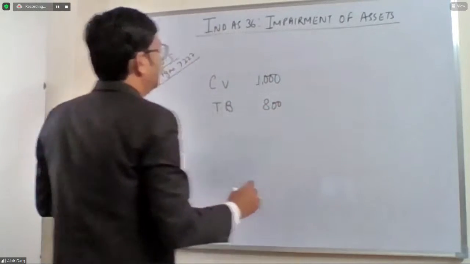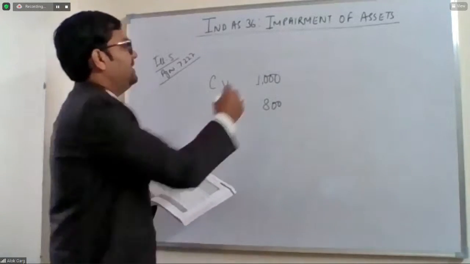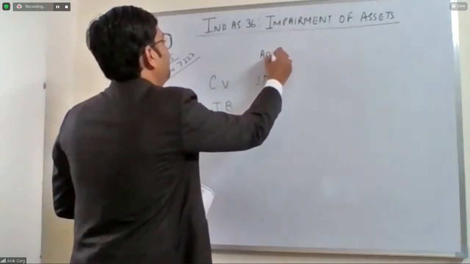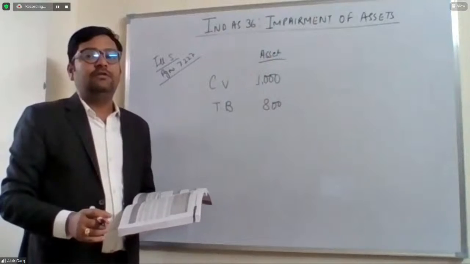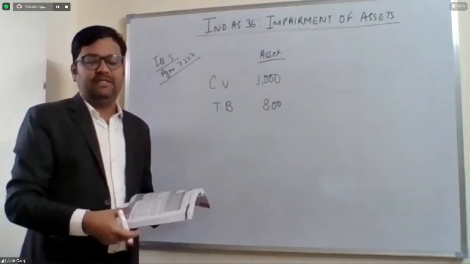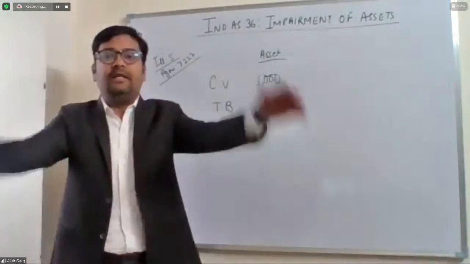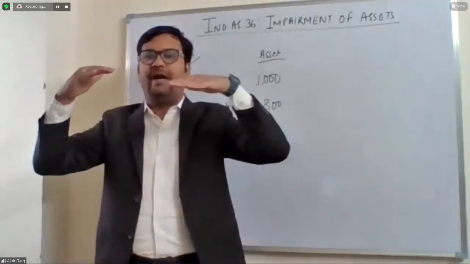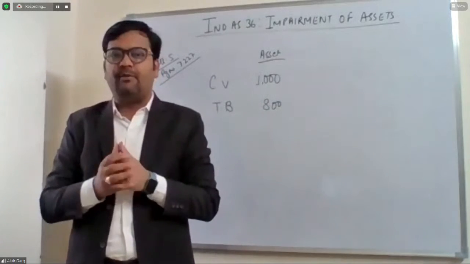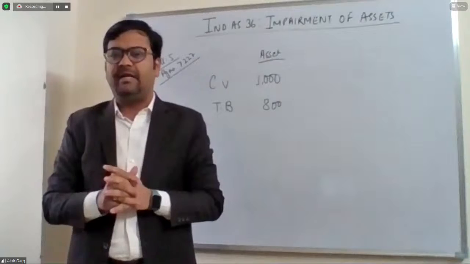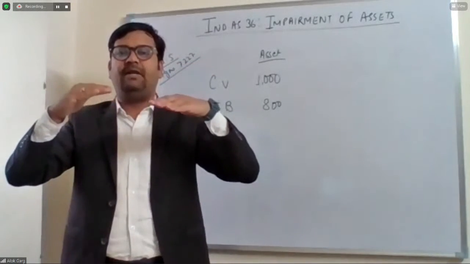So see, the carrying value of the asset is higher than the tax base of the asset. So in this case, what will happen? I'll give you a quick trick on this deferred tax asset. I hope you all are aware of this magic trick of deferred tax asset and deferred tax liability.